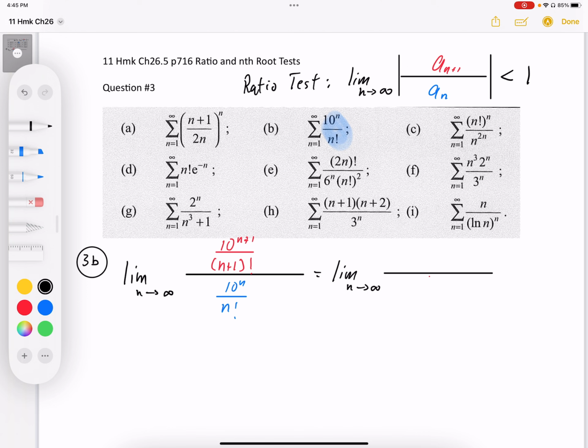Putting the 10 to the powers together, we're going to end up with 10 to the power n. And that plus 1, I'm just going to write as times 10, so that you can see where that's coming from. That plus 1 gave us that factor of 10. I'm going to group that with the denominator 10 to the n. And then I'm also going to group the factorial parts.